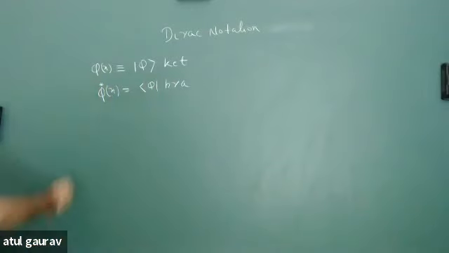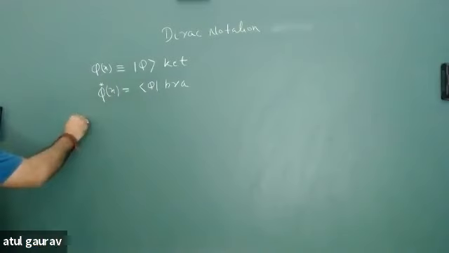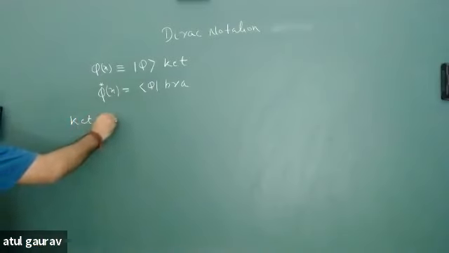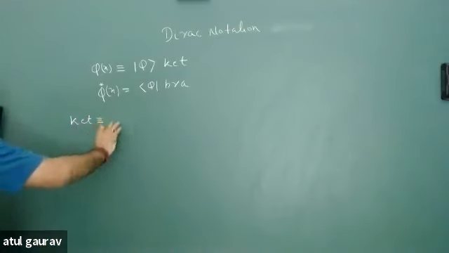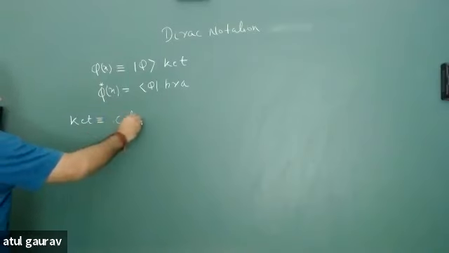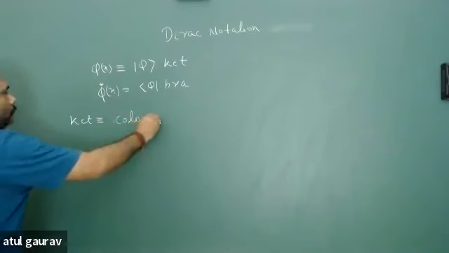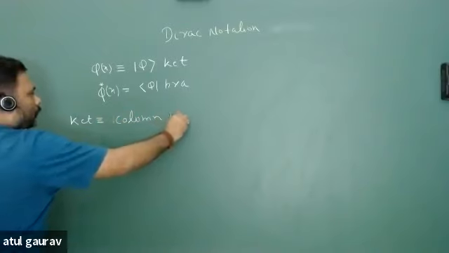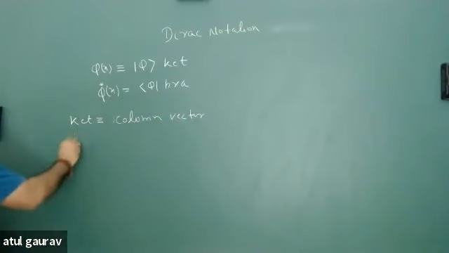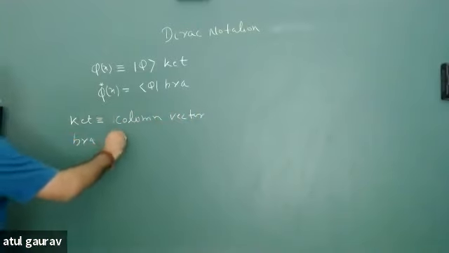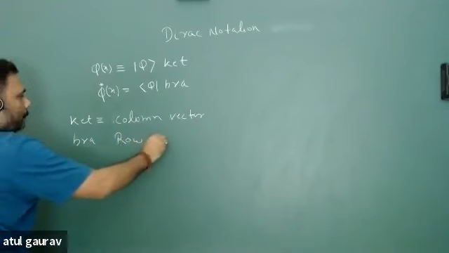What is the meaning of a ket? The meaning of a ket is equivalent to a column vector, mathematically. And a bra is all about a row vector.